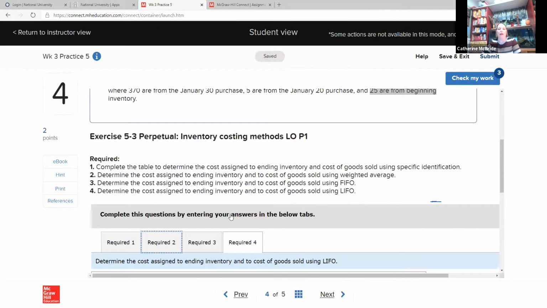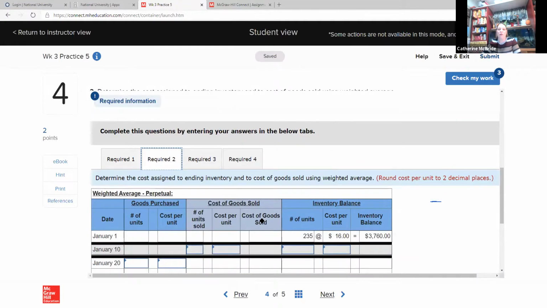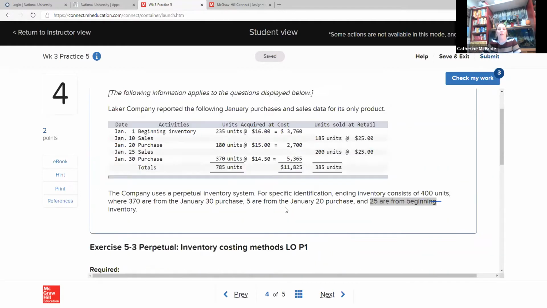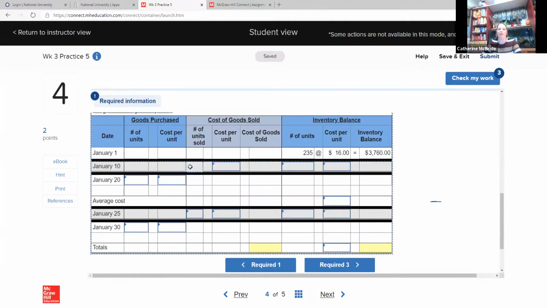All right, I'm going to go back to the weighted average because it's easy, but there's something weird about it. Same thing, 235 units. The first two lines are going to be the same. We sold 185 units, so I'm going to sell 185 units, which leaves 50 left at $16.